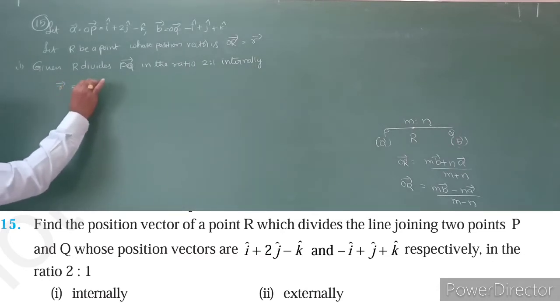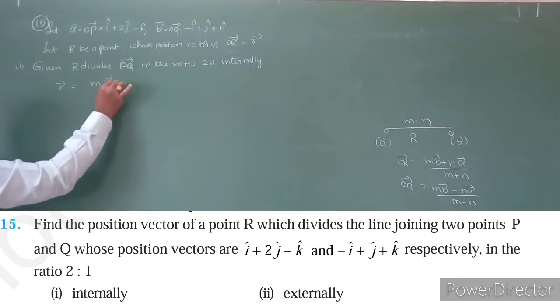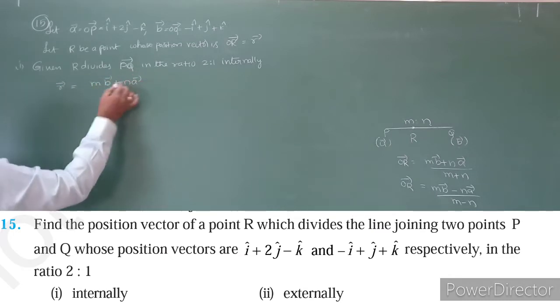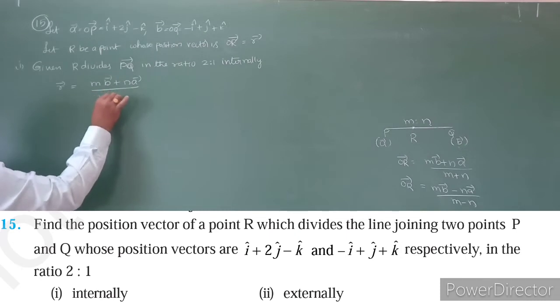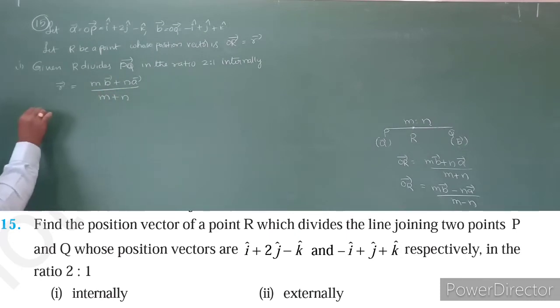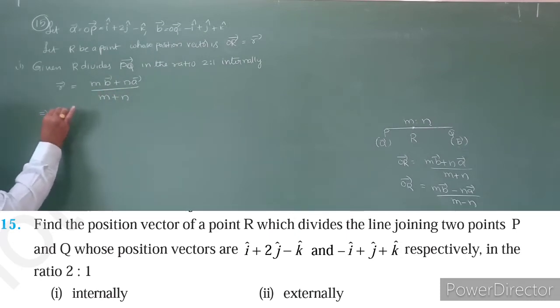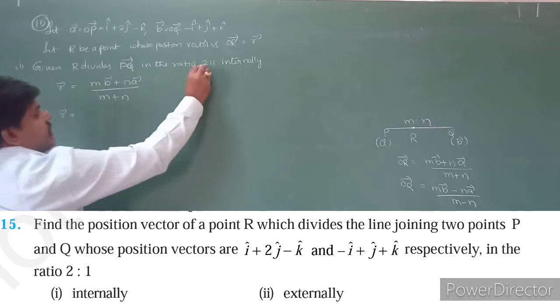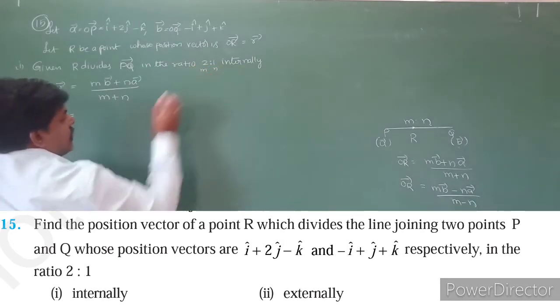R bar is equal to mB bar plus nA bar by m plus n. So R bar is equal to, this is the m and this is the n, okay.